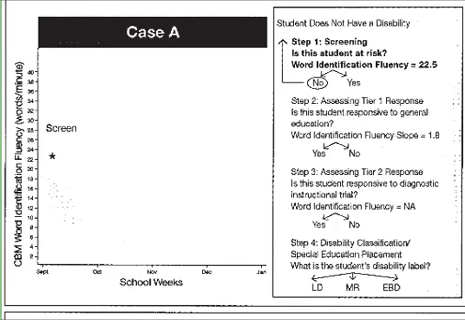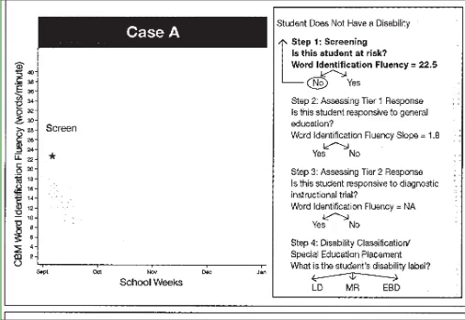One thing is that in responsiveness to intervention, there is frequent screening and frequent assessment.